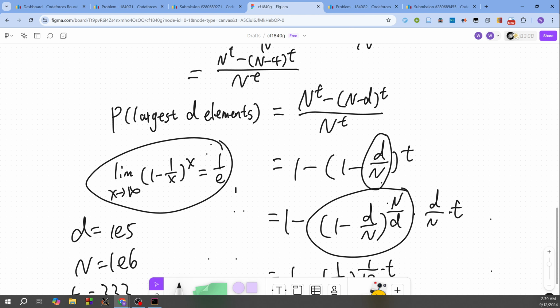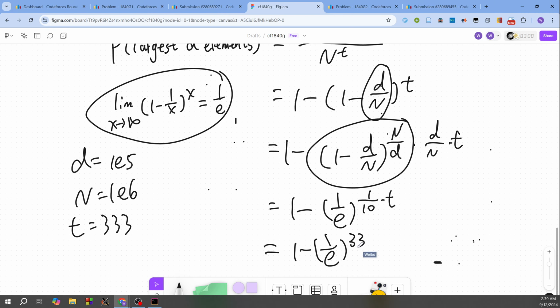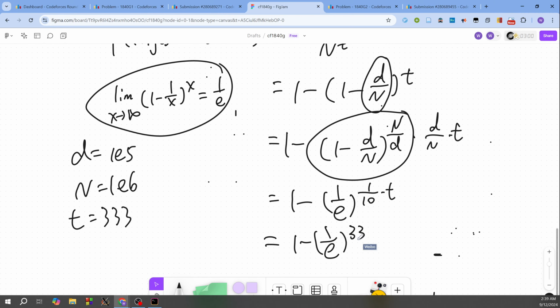We can see that this number is very close to 1, since this number is very close to 0, to the 333 power there.